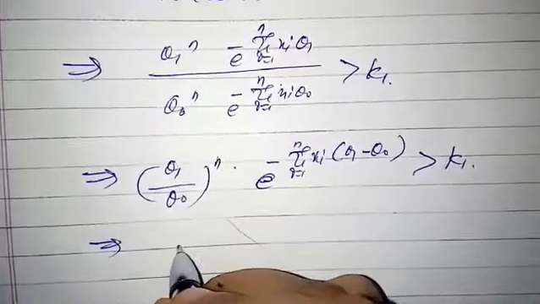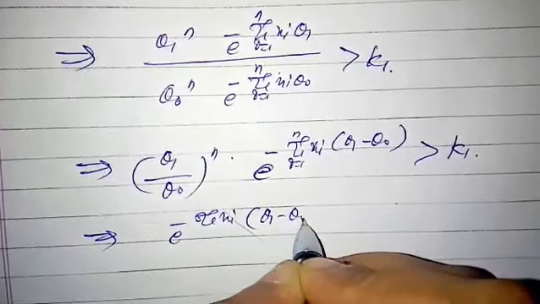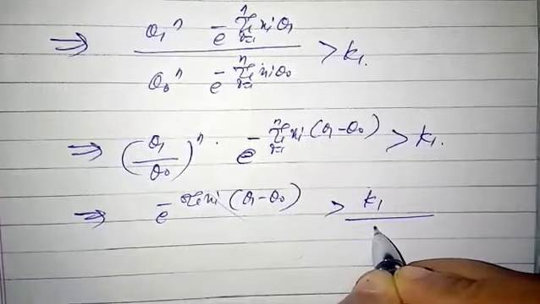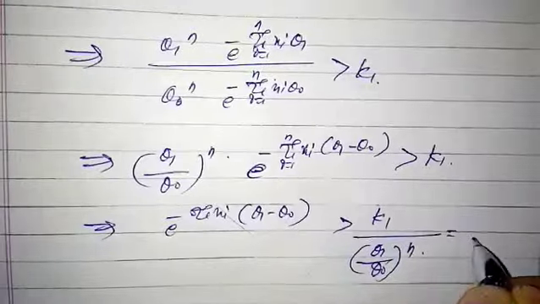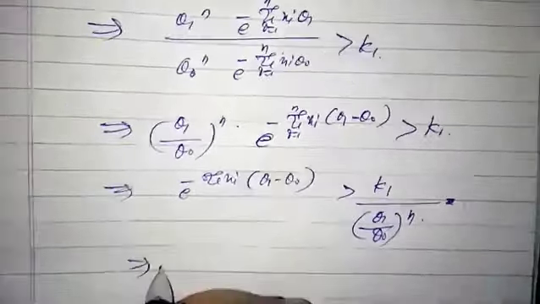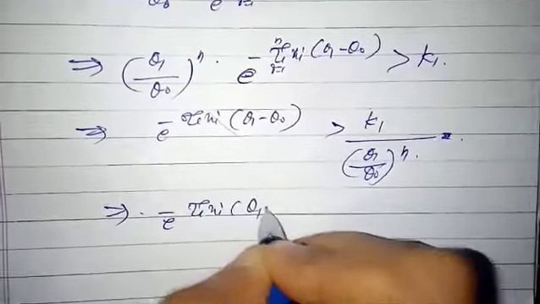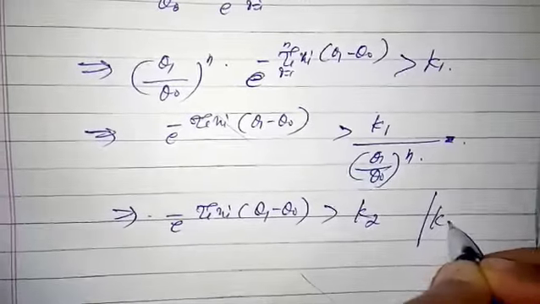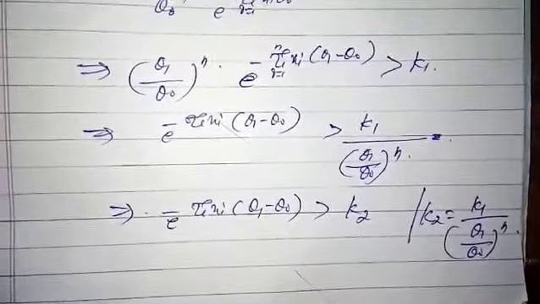That is, e power minus summation xi times theta 1 minus theta naught is greater than k1 divided by theta 1 divided by theta naught power n. This implies e power minus summation xi theta 1 minus theta naught is greater than k2, where k2 equals k1 divided by (theta 1 by theta naught) power n.